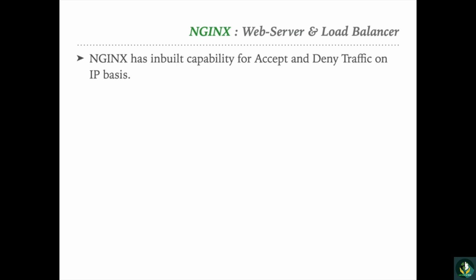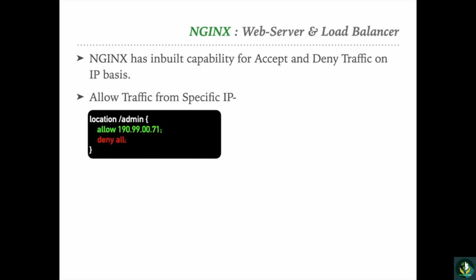NGINX has the inbuilt capability to accept and deny traffic on an IP basis. If you want to allow traffic from some specific IP, you can do it in the location context. You define the location, and after the location you define the specific path where you want to allow or deny the traffic. Suppose you want to allow access to the admin panel of your website only from a single IP.